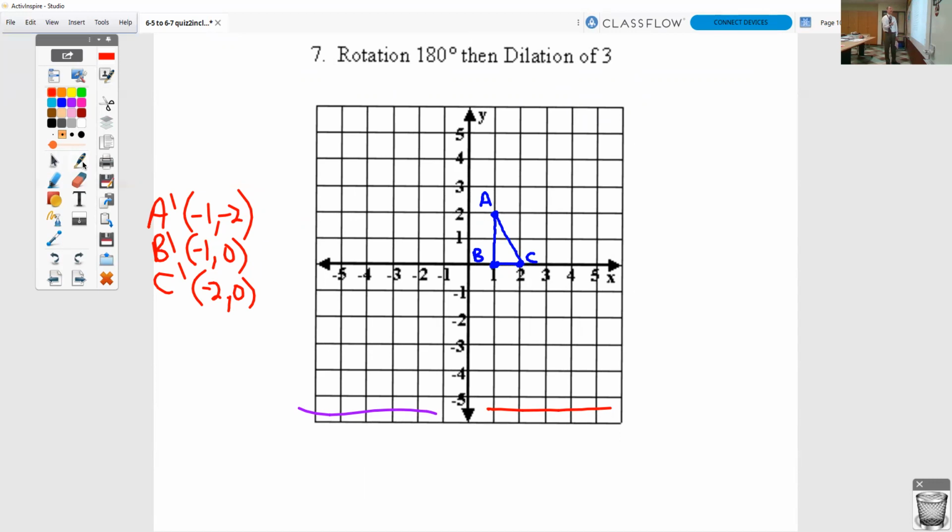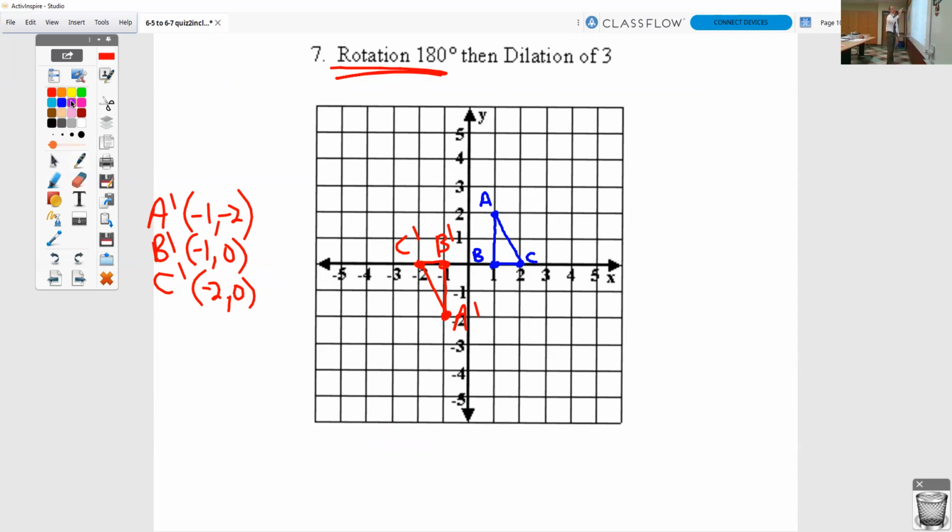And now I'm going to graph the rotation of 180. So -1, -2. This is A prime. -1, 0. This is B prime. And -2, 0. This is C prime. So here's my shape.